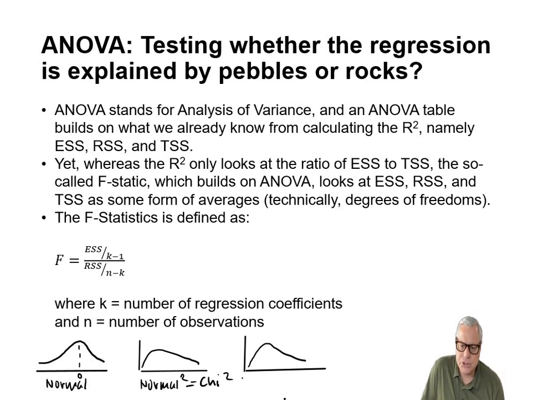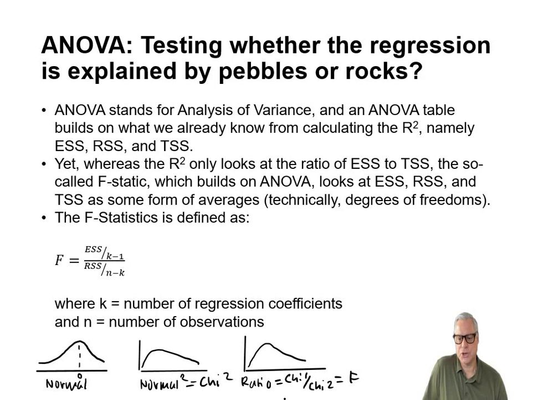So the ratio of one chi-squared over a second chi-squared, the ratio of two chi-squared distributions, gives you the F. And you see, the explained sum of squares is something always squared. The residual sum of squares is always something squared, but now we take the ratio.